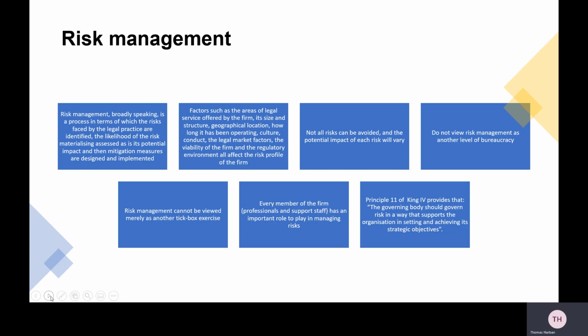Everyone in the firm has an important role to play in risk management, whether professionals or support staff. An example we often give legal practices is that many law firms have a resource or resources dedicated just to delivery of documents, service of documents and filing. When you look at the claim stats, you'll see how many claims arise from a failure to meet a statutory deadline.